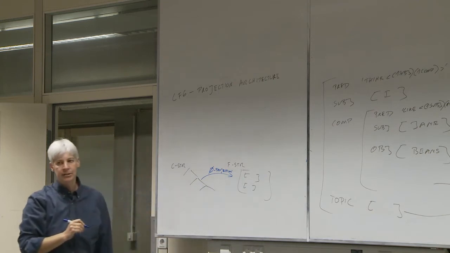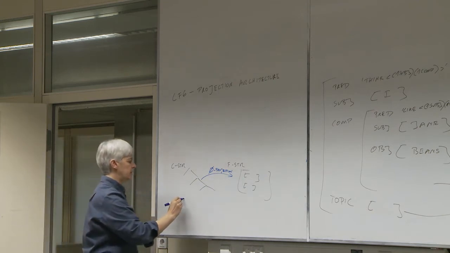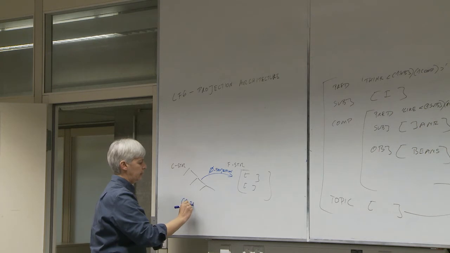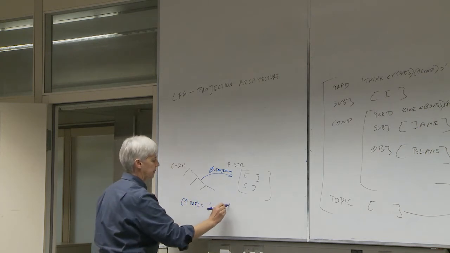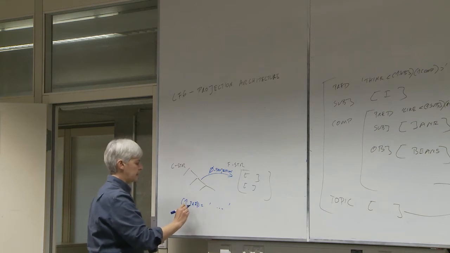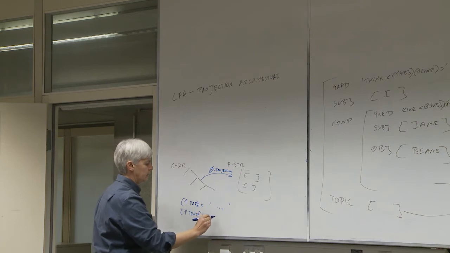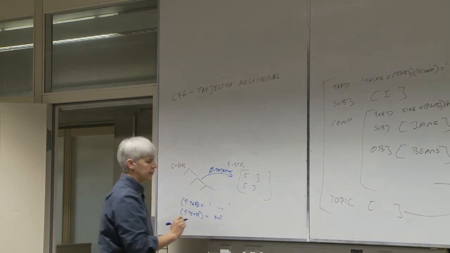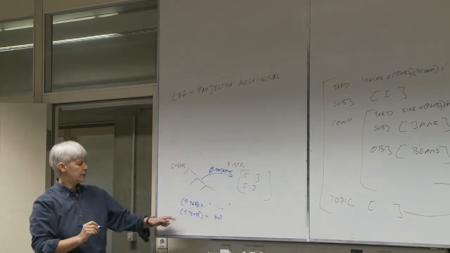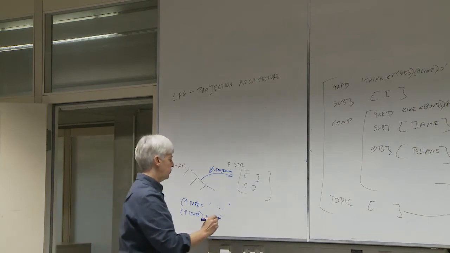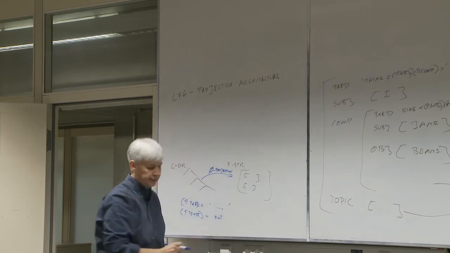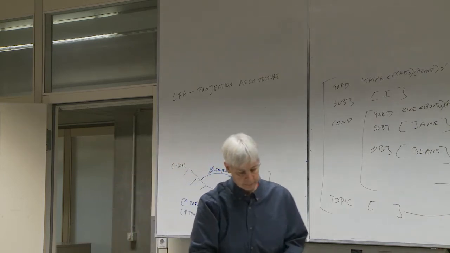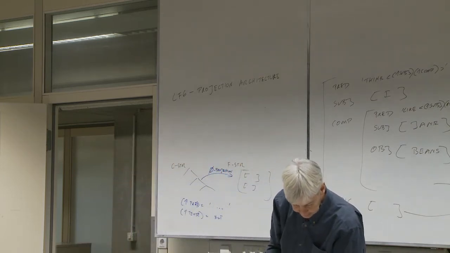Okay, and the phi projection is something we've been using all along with stuff like up pred is equal to whatever, and up tense is equal to future, whatever. Okay, what this up arrow stands for, it says go from here.